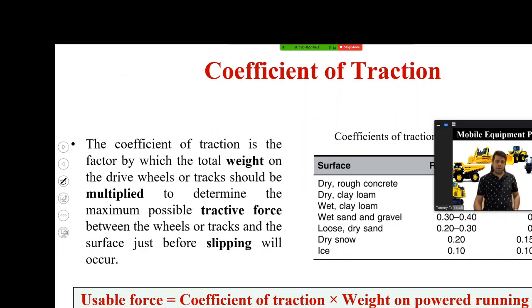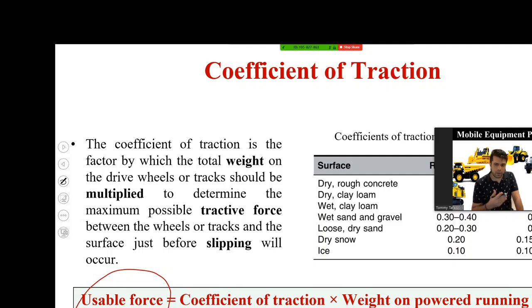So we also talked about the coefficient of traction. When you want to find the usable force, you should find the coefficient of traction, and then multiply it by the weight on the powered running gear, okay?